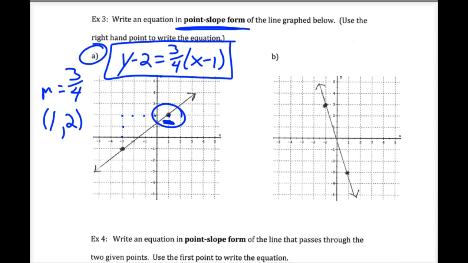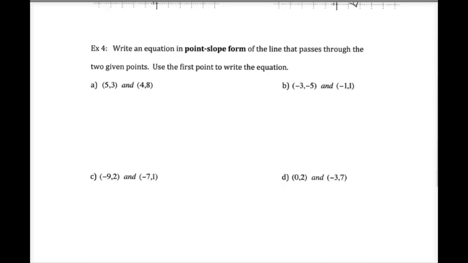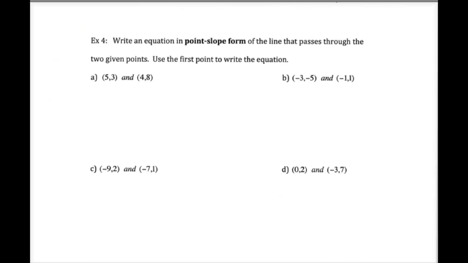Which two numbers are we going to do? A and C. Okay. Write an equation in point-slope form of a line that passes through the 2 given points. Use the first point to write the equation. So when we write the equation, guys, we're going to use the first point. How do you find the slope when you're given 2 points? m equals y1 minus y2... Okay?